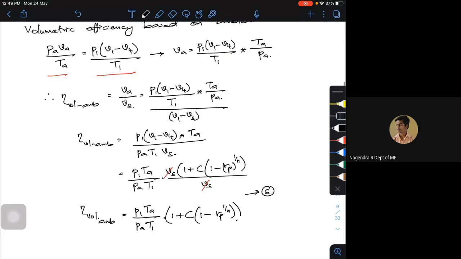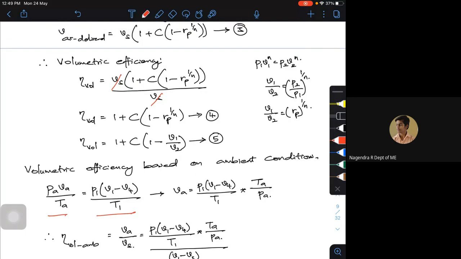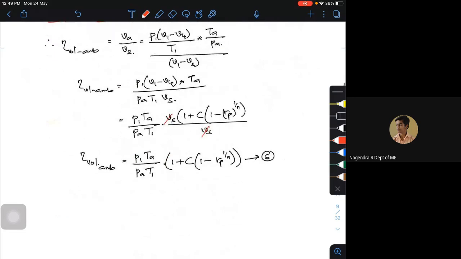The regular volumetric efficiency is only 1 plus C into 1 minus Rp to the power of 1 by n. At ambient condition, the extra term is P1 into T ambient divided by P ambient into T1. If I multiply that, I get the expression for volumetric efficiency at ambient conditions.